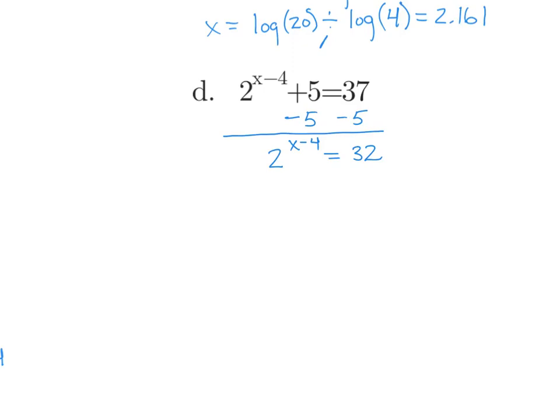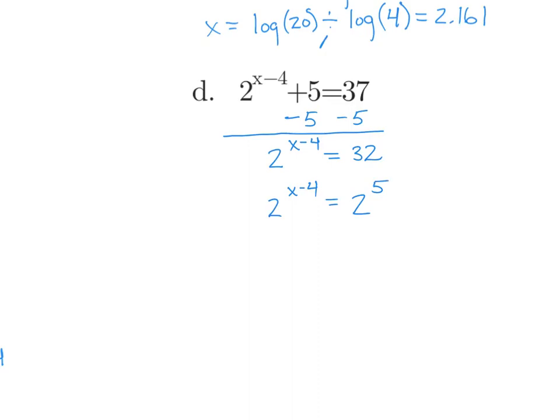Now in this one, you can go ahead and use logarithms to solve, but 32 actually can be written with a base of 2. So I can write this as 2 to the 5th.